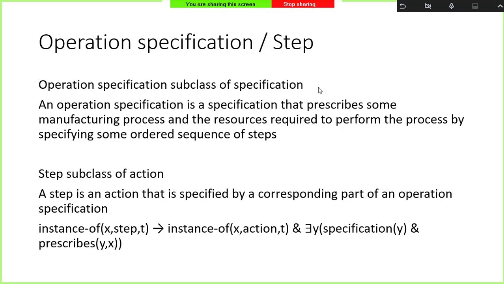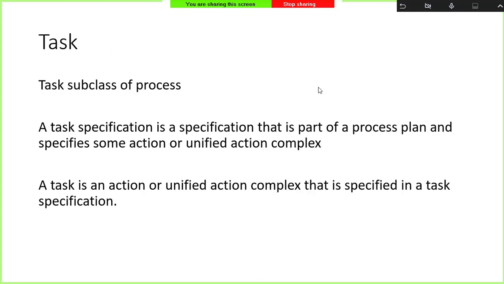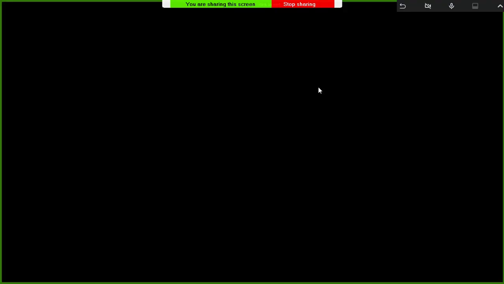A step is a subclass of action as defined in an operation specification. And a task is a subclass of process for which there is a task specification. Basically, it's an action or a complex of actions which is unified. And again, this is really just a test case, a demonstration that we can create a definition using BFO terms. It's not meant to be even the beginning of a final story. And that's the end.